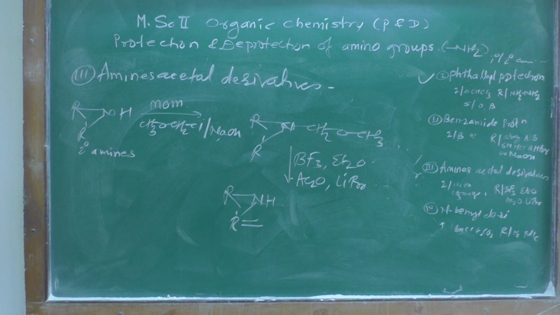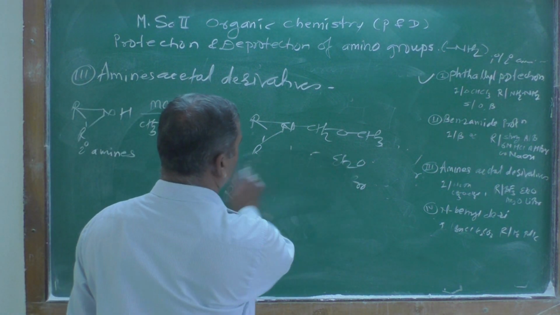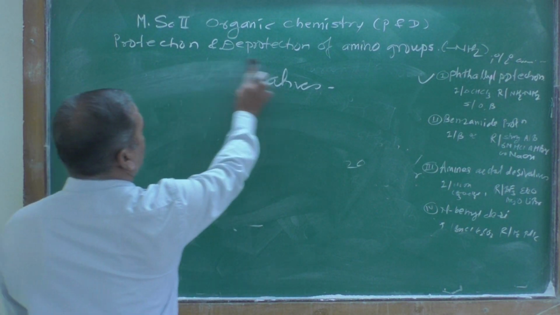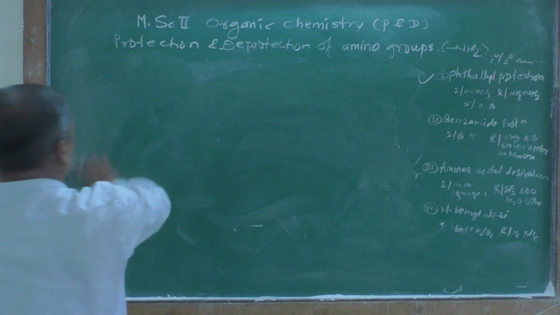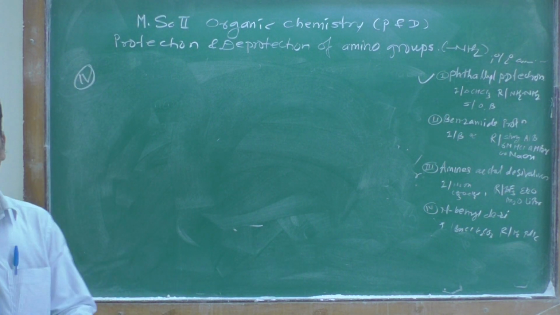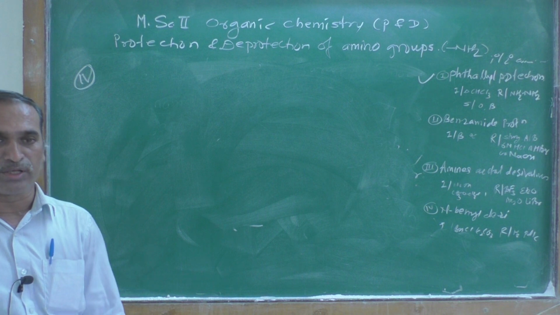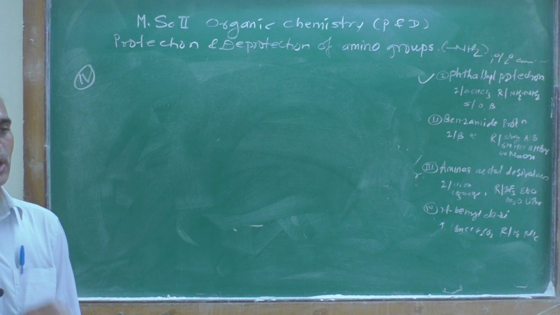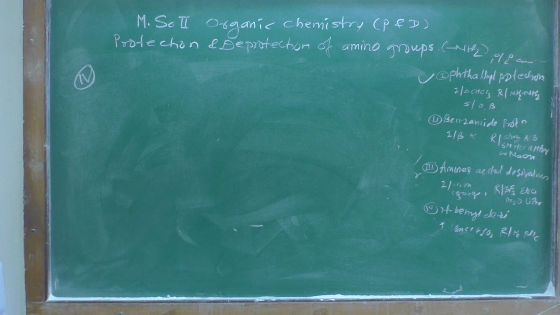Now the fourth point we are going to learn is N-benzyl derivatives. This is the last one of the amine group, because these all are other protecting groups which are used for the protection and deprotection of amino groups.